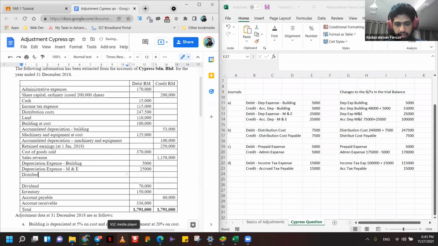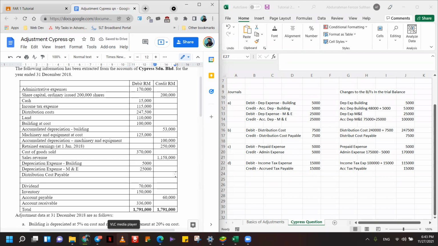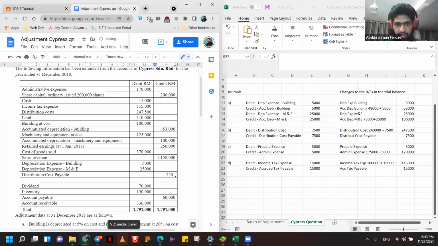And then we have distribution cost payable. How much is this? 7,500. Okay, 7,500. And then we have prepaid expense. This would be 5,000.